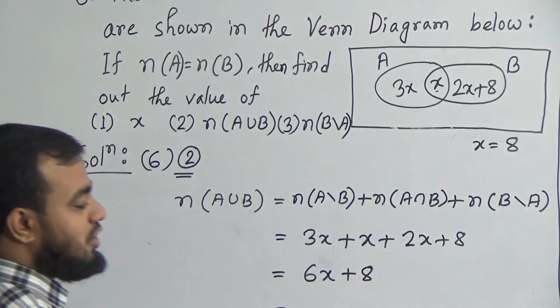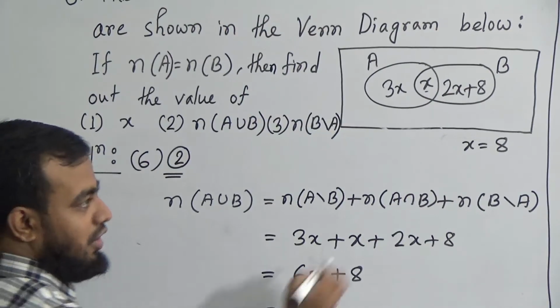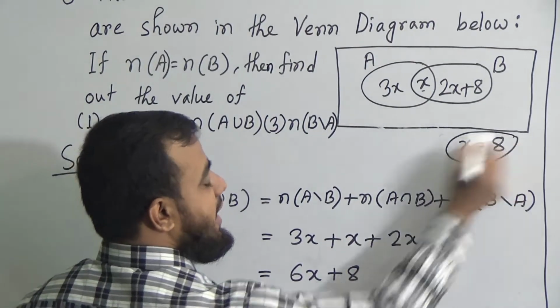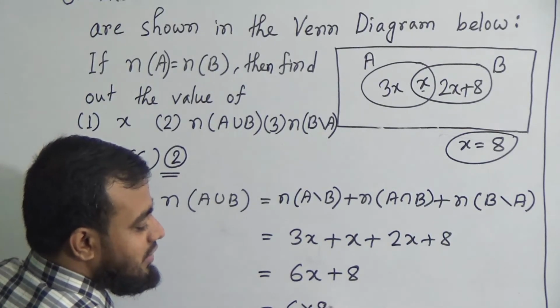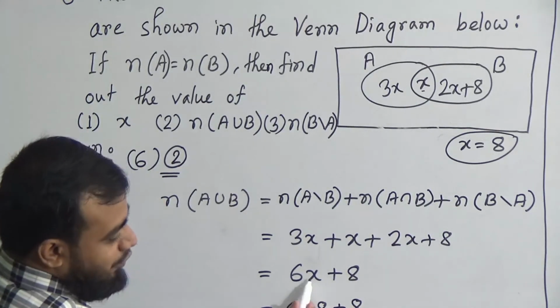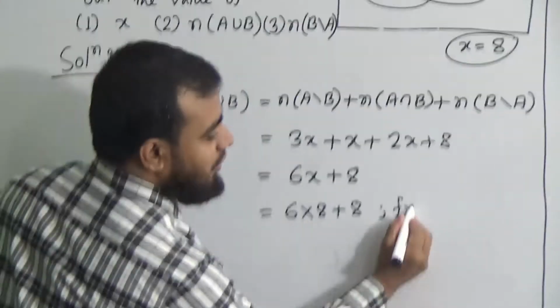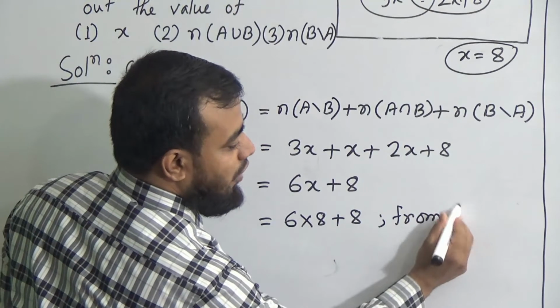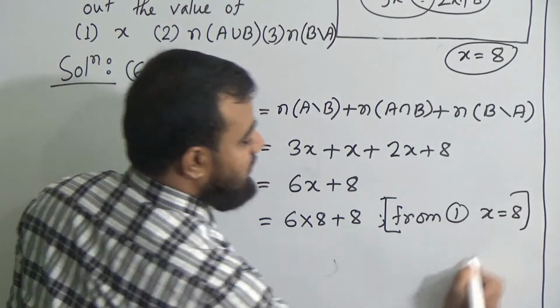Now my dear students, from the solving of 1 we already have that x equal to 8, right? So put this value in here, 6 into 8 plus 8. I have put this value of x equal to 8 here. Okay, from 1 you can note it down, from 1 x equal to 8. You can write it in the note also.